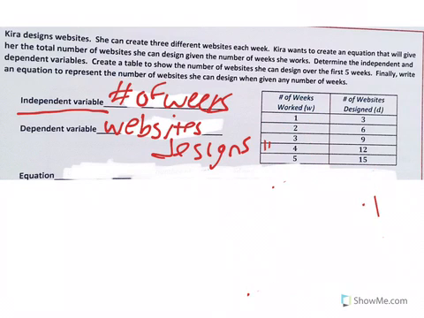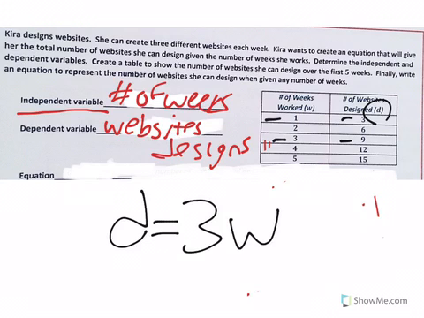So, for example, erase this so we have a little bit more to see here. When we say she worked 1 week, that means she designed 3 websites. When she worked for 3 weeks, that's 9 websites. Whatever number we put over here gives us our answer in the dependent variable column. And so then our equation, if you want to look, would be D equals 3W.